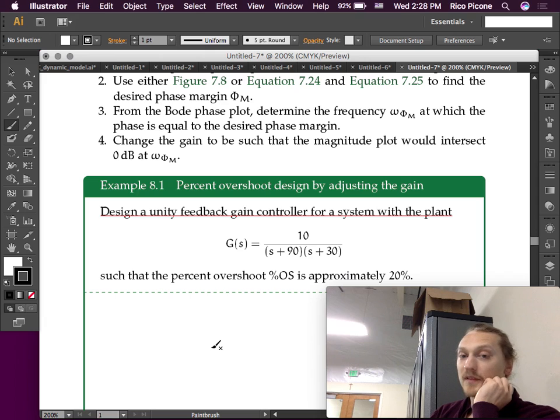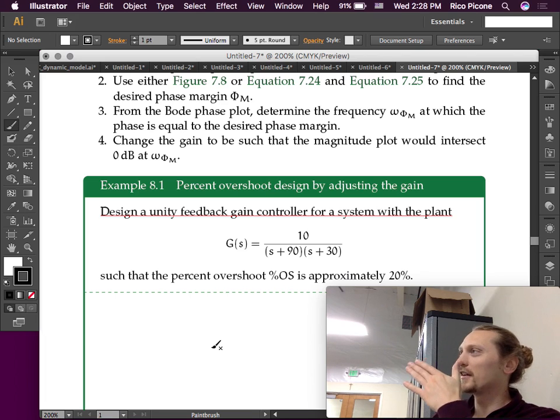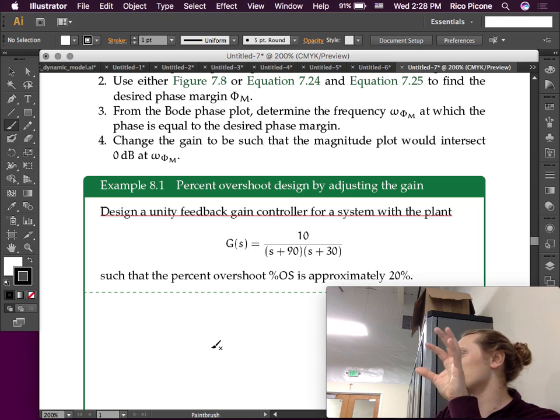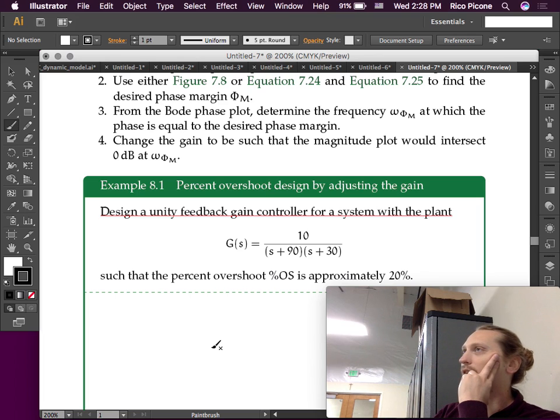The plant poles are far to the left, so it's the other way around, the transients are faster. You're right. So they're going to die out really quickly, because they are large negative exponents. It's a very quick response.